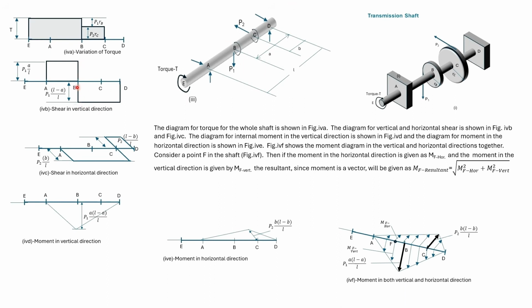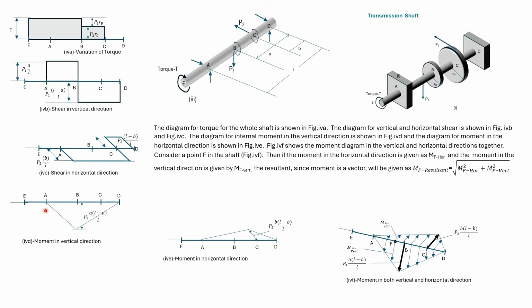The shear between B and D is P1 into (L minus A) divided by L. Also, there's no shear in the horizontal direction between E and A. At A, the reaction in the horizontal direction is P2 P by L. So we get this shear force diagram.